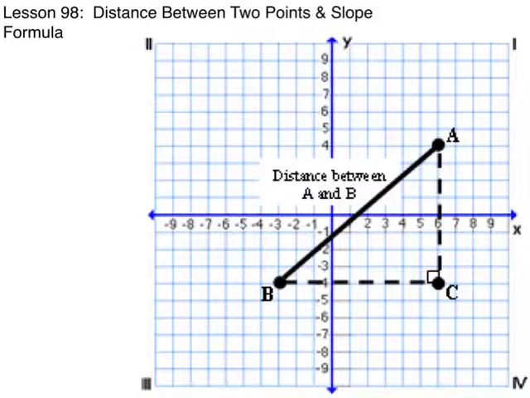And we're going to find out how many units it is from A to C and then from C to B. And we'll see that when we count, we've got 1, 2, 3, 4, 5, 6, 7, 8. So this is 8 on this side.